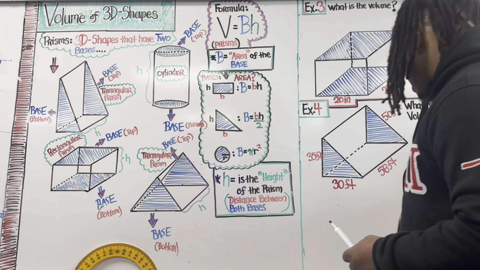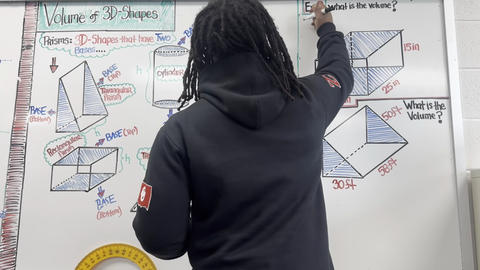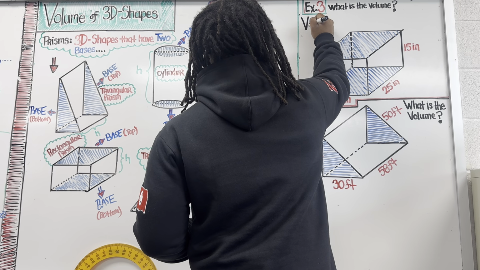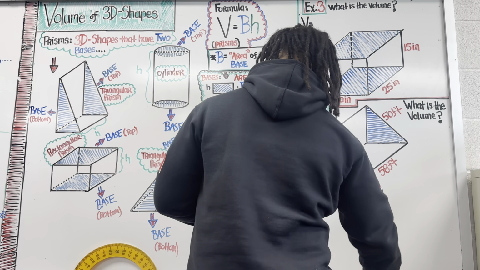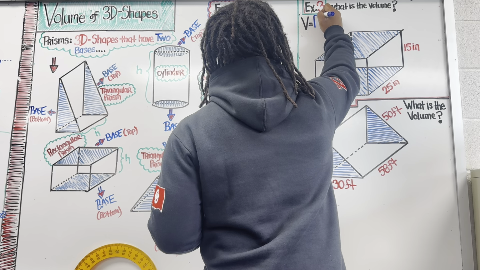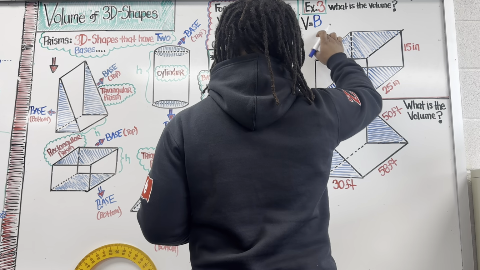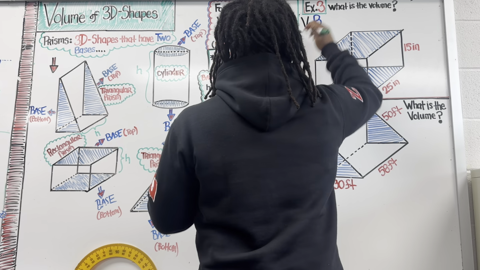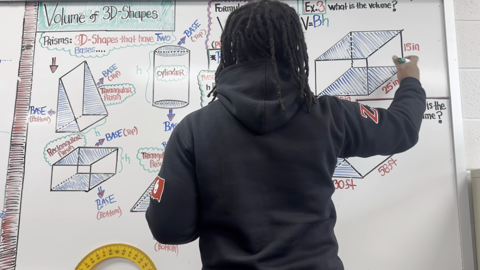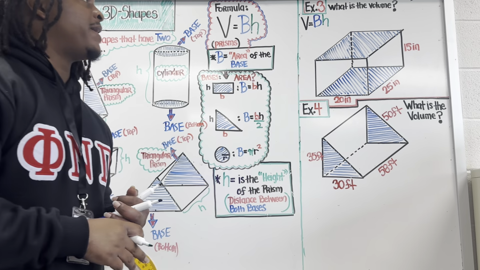So let's go ahead and write out the formula. The volume formula for all prisms is V equals big B, which is the area of the base, so we have to find the area of the base to get the value of big B, times the height of the whole prism, or the distance between both bases.